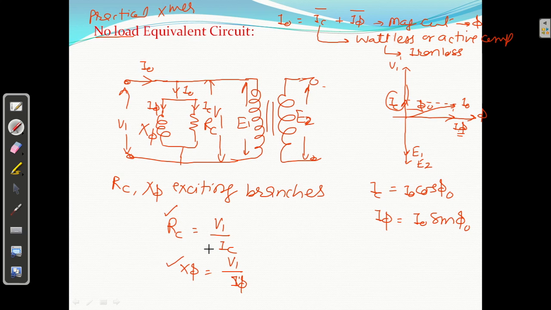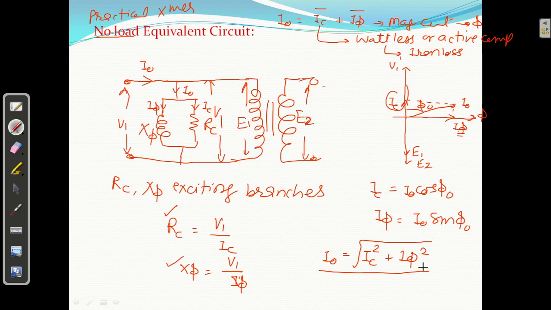So these are the components. Core loss is voltage into current, V1 into IC. In this way you can find these resistance and reactance, and the currents IC and I phi. The vector sum, under root of IC square plus I phi square, is I0. So you can find all these values.